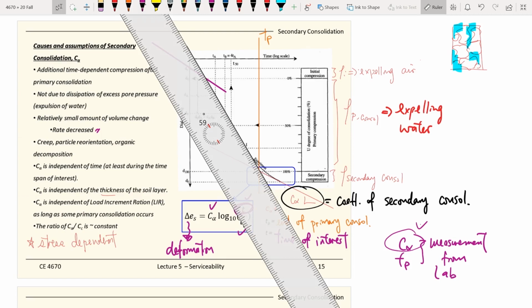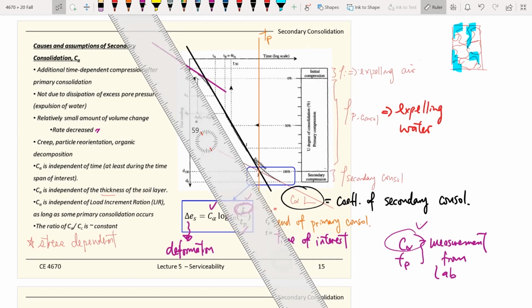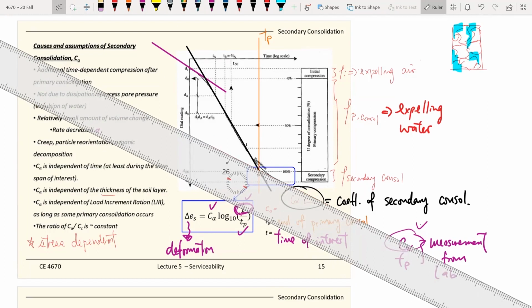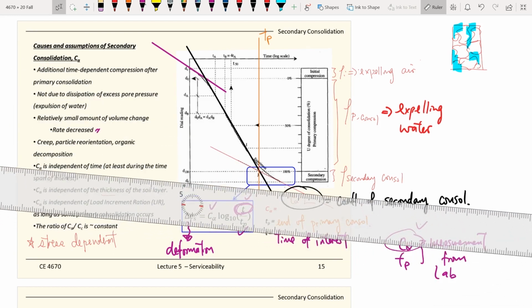The slope for the primary consolidation is much greater than the one for the secondary consolidation, which also physically makes sense because for soils, it is easier to push out the water rather than to reorganize the particles.